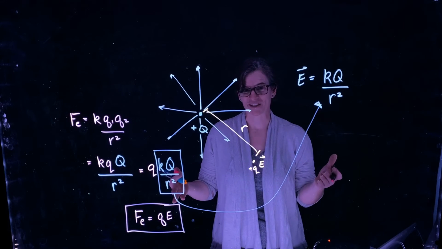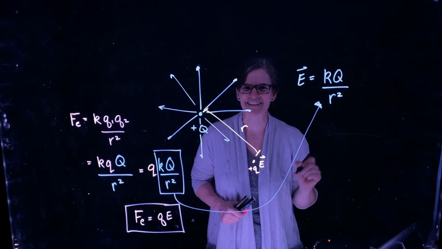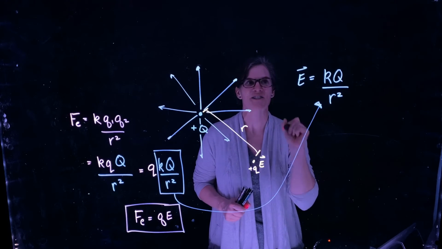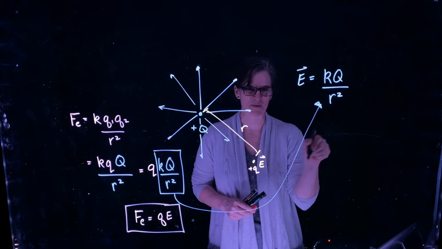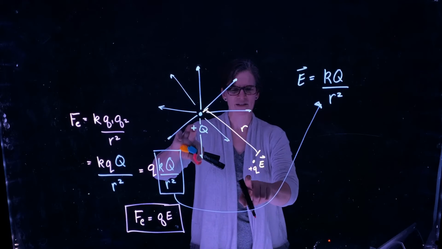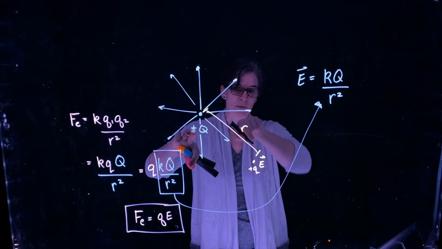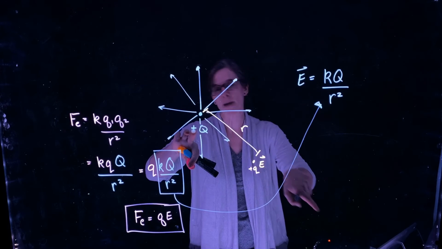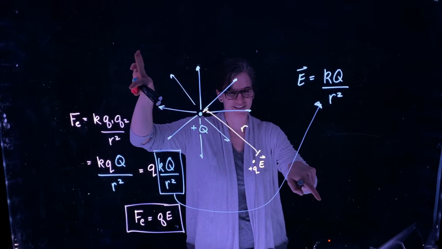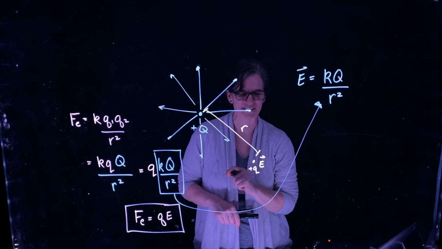What about the direction? Well, that's in another mini lecture that looks at the direction of the force on a charged particle in an electric field. But as a preview, if these are both positive, they're going to repel each other. Repulsion is opposite from each other, which would be along the same line as that electric field.